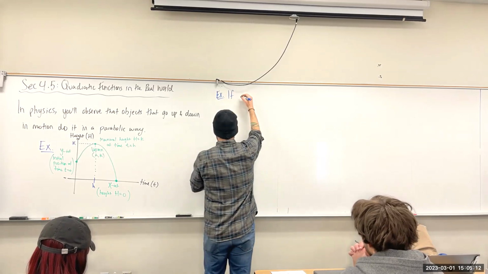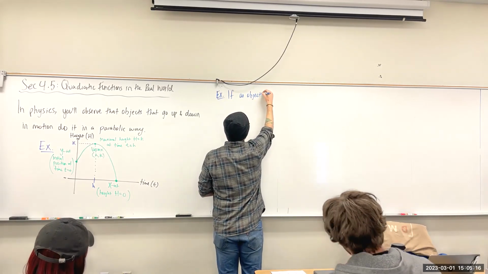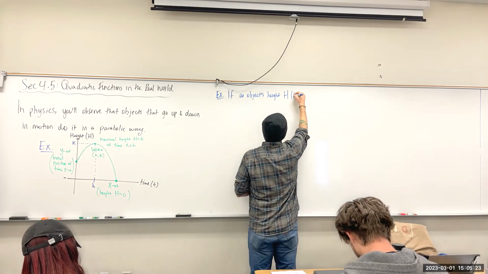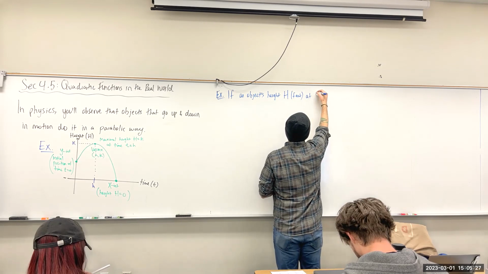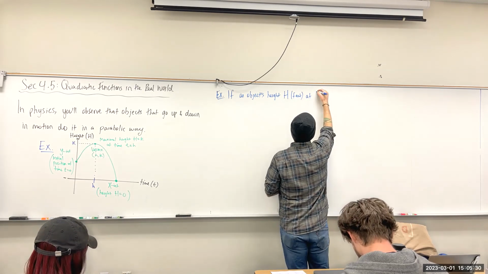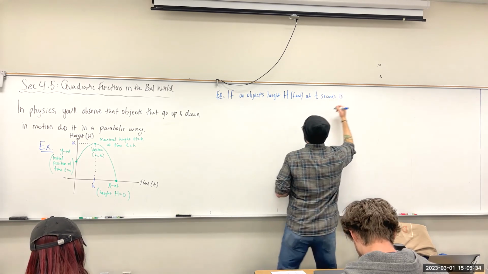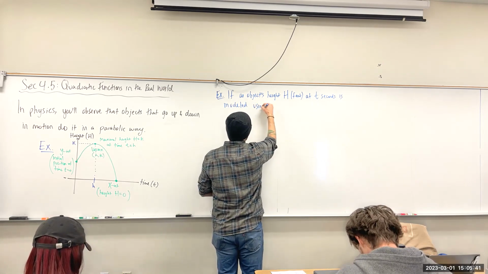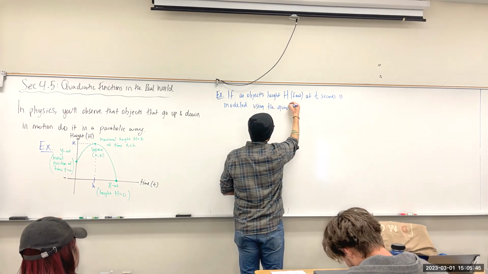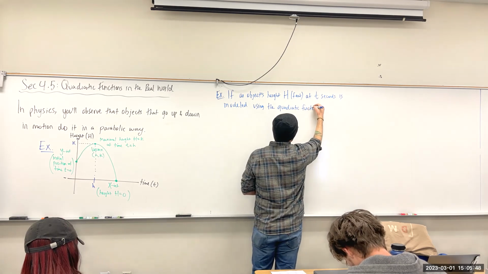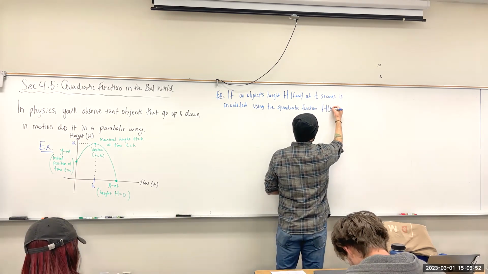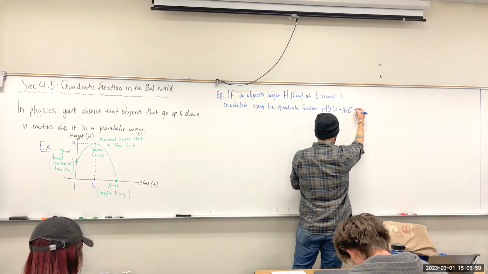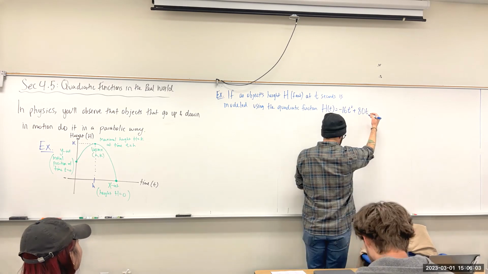So let's say we have: if an object's height h, let's say it's in feet, at t seconds is modeled using the quadratic function h of t, because now h is like the y and t is like the x, equals negative 16t squared plus 80t plus 40.